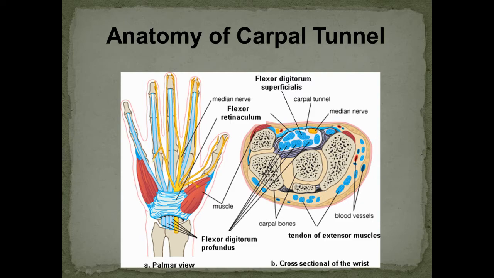In this picture we can see the tunnel formation and some contents going through it. We can see the median nerve very easily, the flexor retinaculum, and the flexor digitorum profundus tendon.